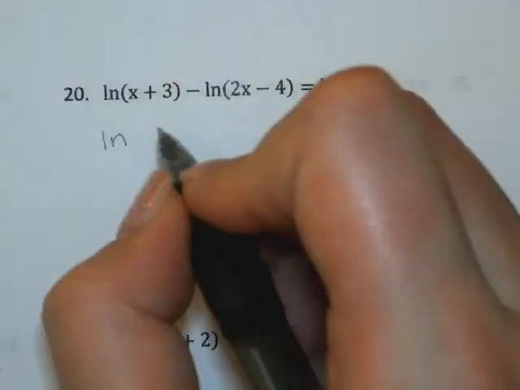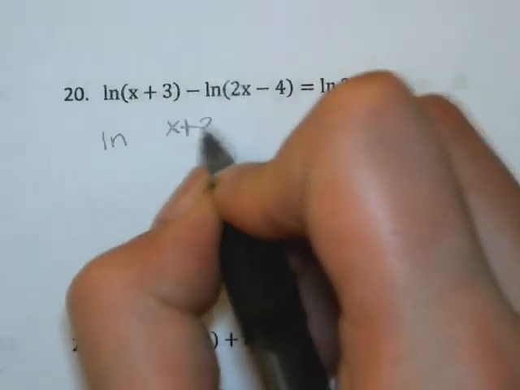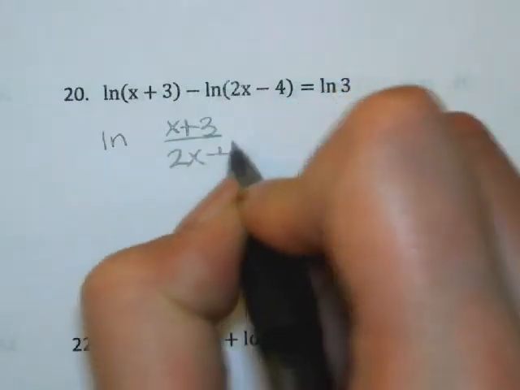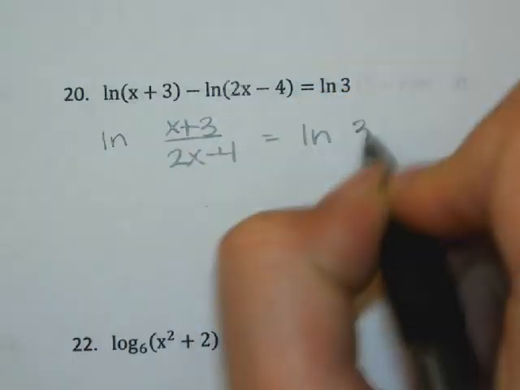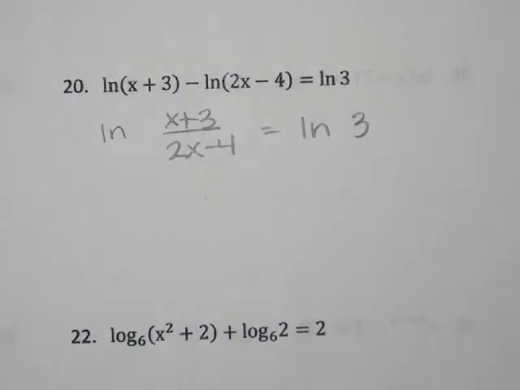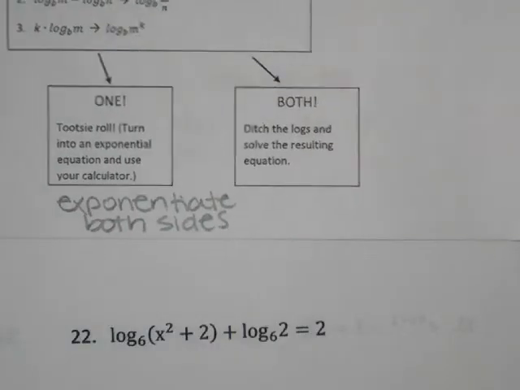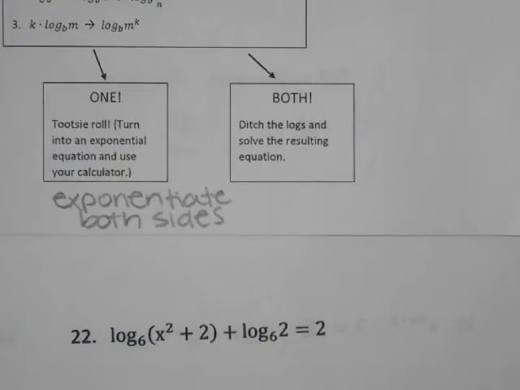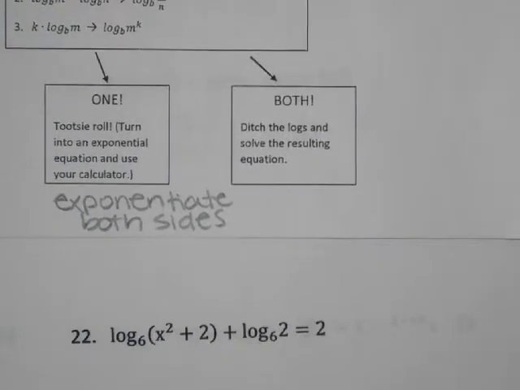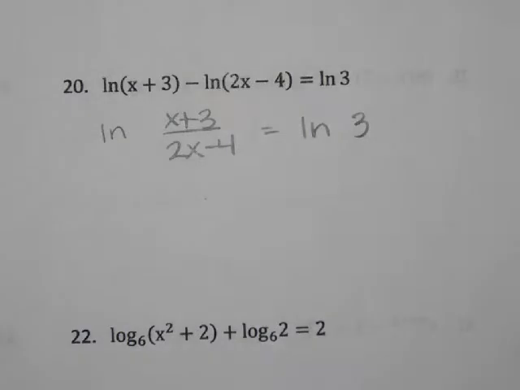So ln, this is a division problem, so we have ln of (x plus 3) over (2x minus 4) equals ln of 3. So I have to use my properties first. Then I can go to the next step, which is to see if it's on one side or both sides. This is both sides, so what do we do? Ditch the logs. We can get rid of them.